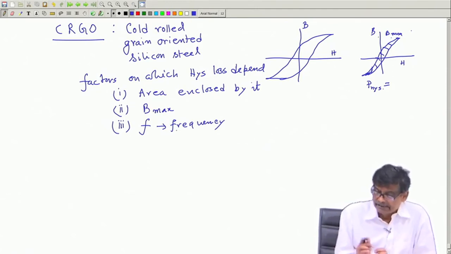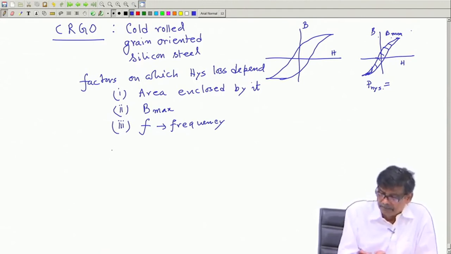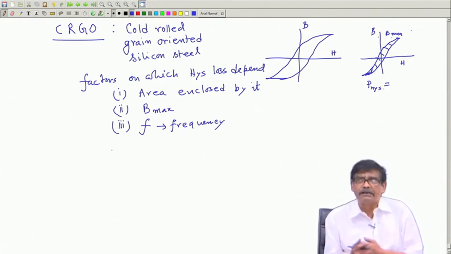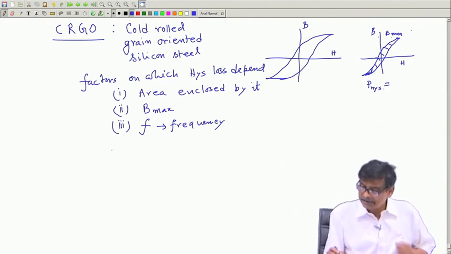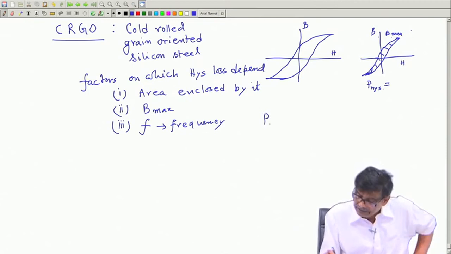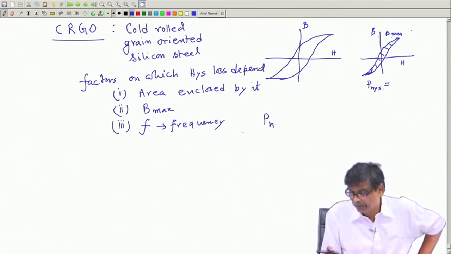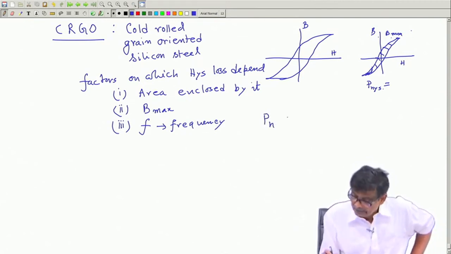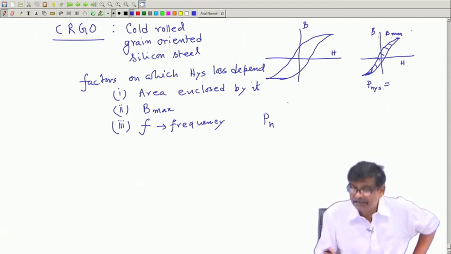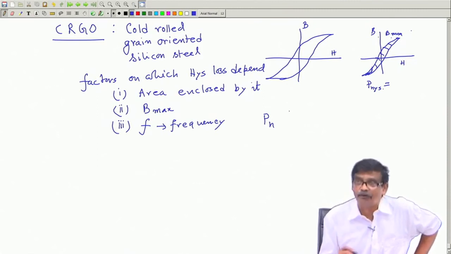All this said and done, after doing some experiments on several magnetic materials, some people came up with a formula for hysteresis loss. In fact, it was proposed by Steinmetz, a formula for which there is no derivation. It is an empirical formula.